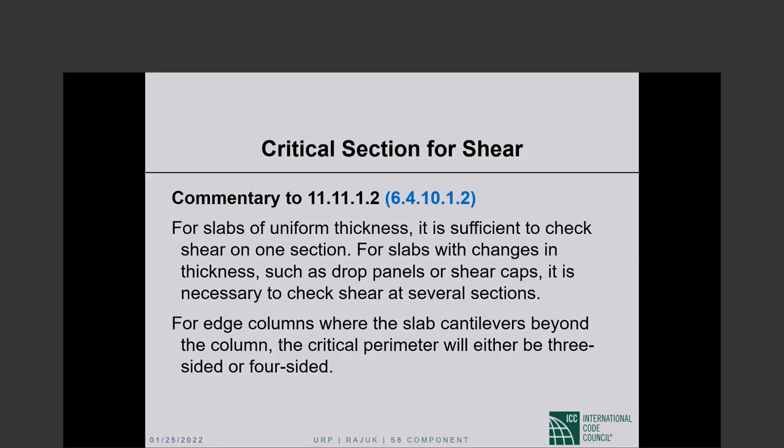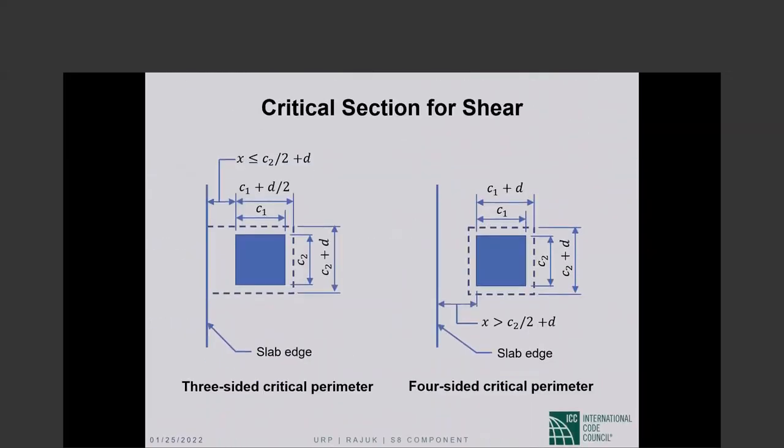But if there is a cantilever, then just a little bit of cantilever, nothing will change. But if the cantilever is wide enough, then at one point it would make sense to consider a fourth face to the critical section. Now, where do we get to that point?